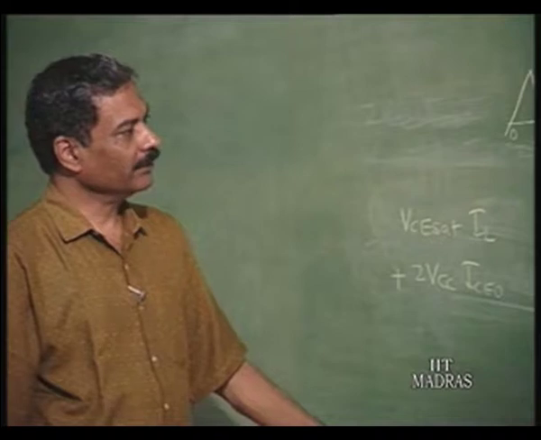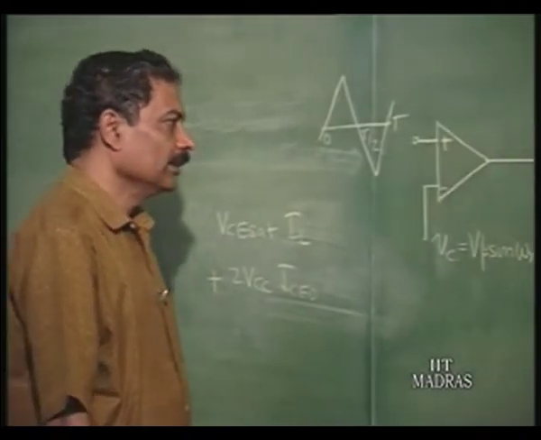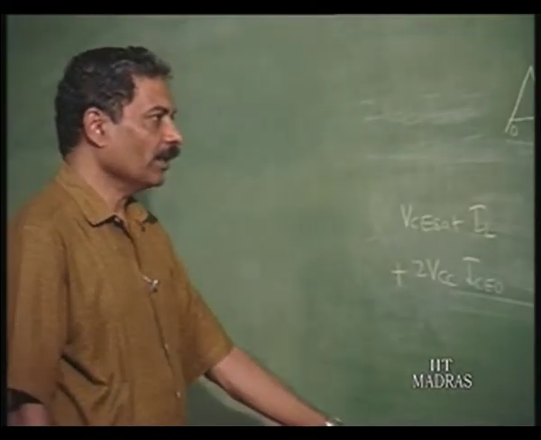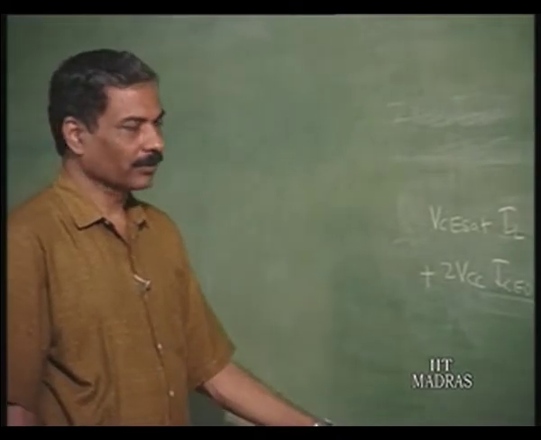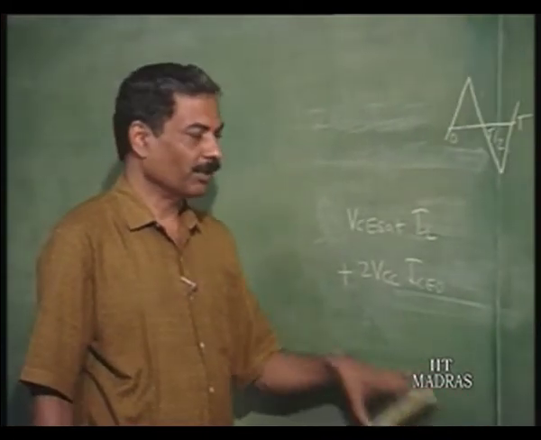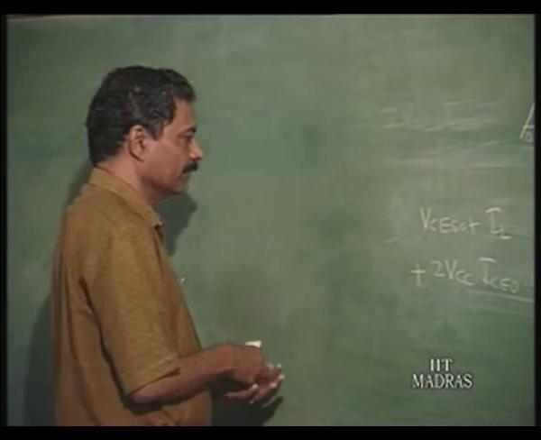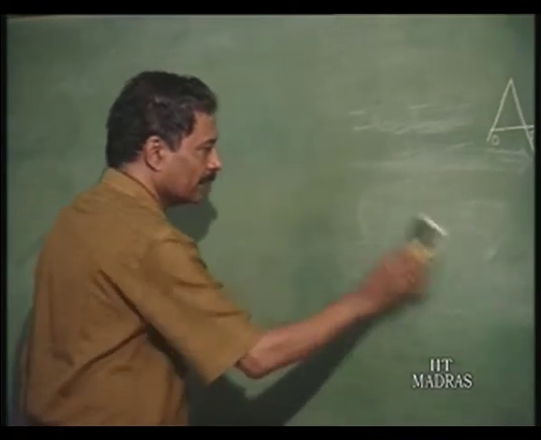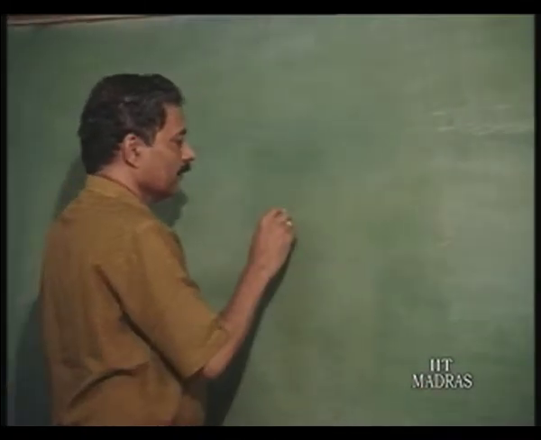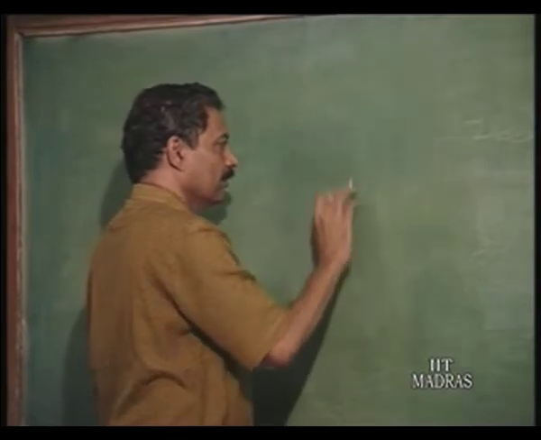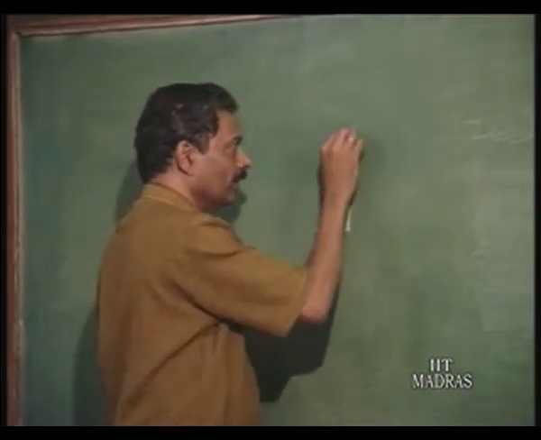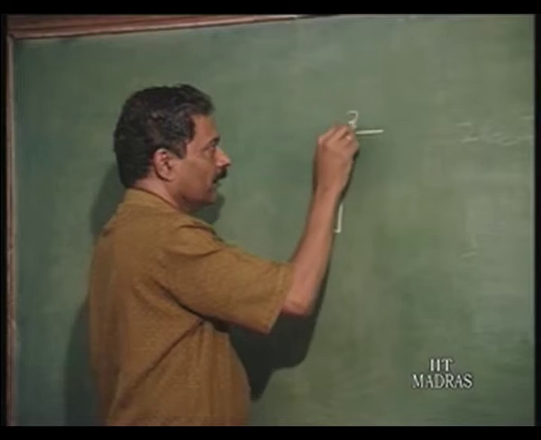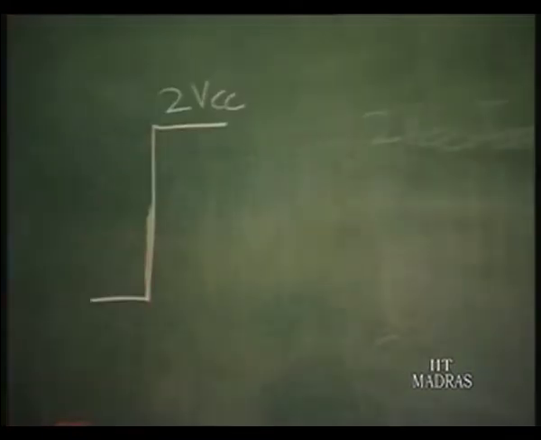Apart from that, when the transistor is going from on to off and off to on, there is also some amount of power dissipated. This is under the assumption that when the transistor is off, the voltage across it is, let us say, VC sat when it is closed.